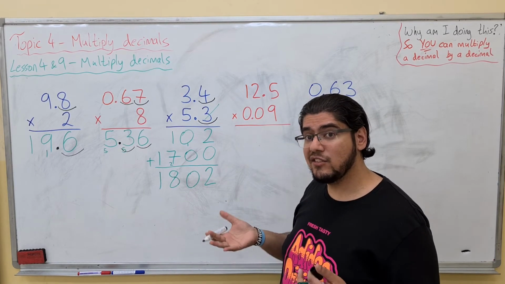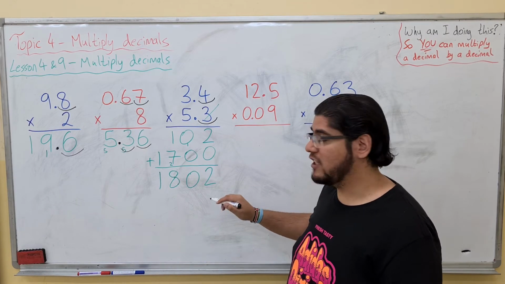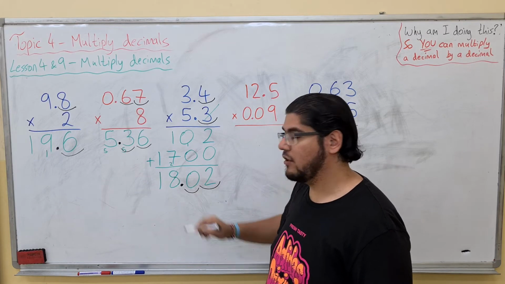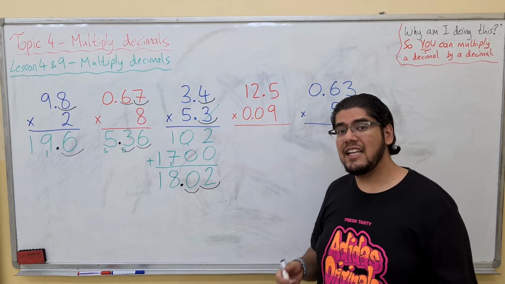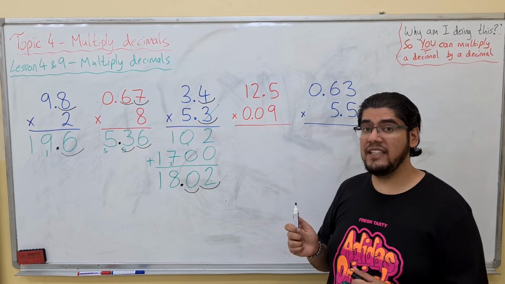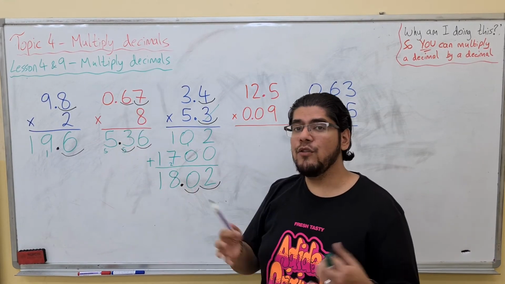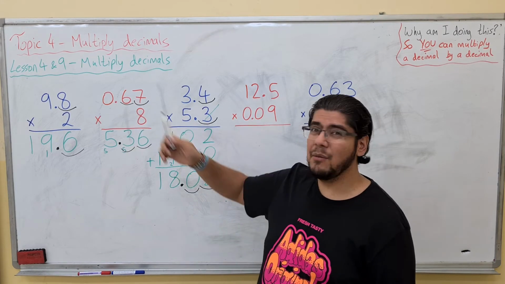So the total is 2 decimal places. So in our answer, include 2 decimal places. There's 1 and there's 2, and then the decimal point goes there. Okay? So you can see now, this lesson is all about just counting decimal places. And as you can see here, lessons 4 and 9, they're both the same thing. In your book, if you're using the Savvas book, they're both exactly the same.